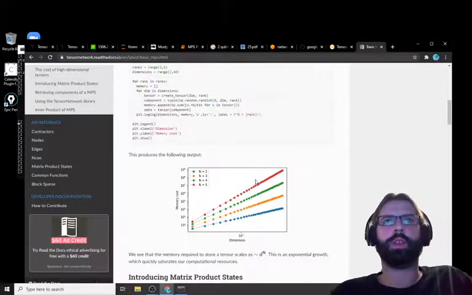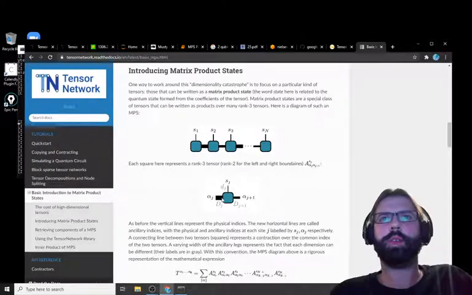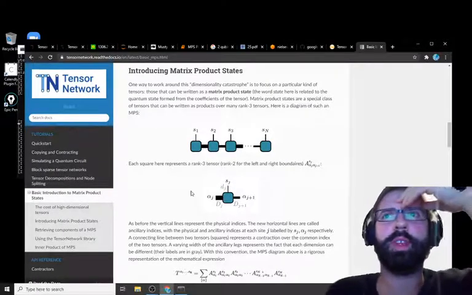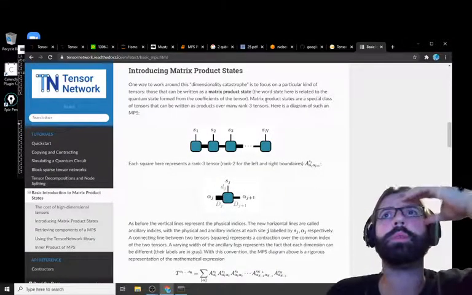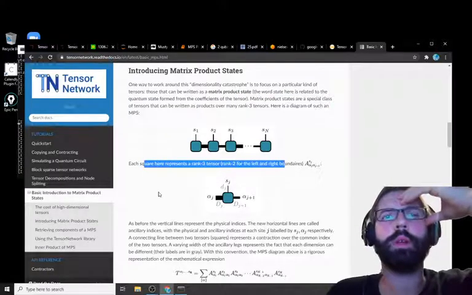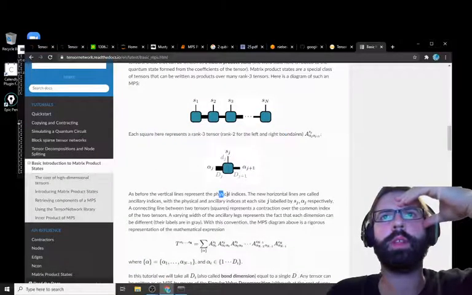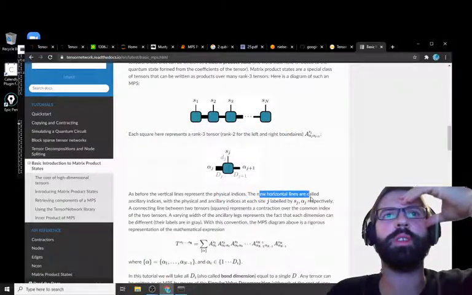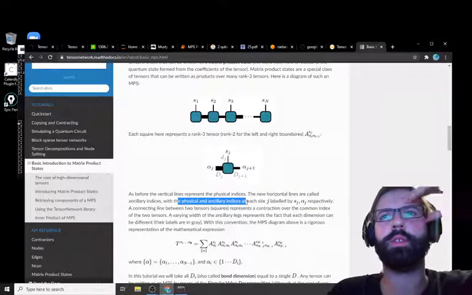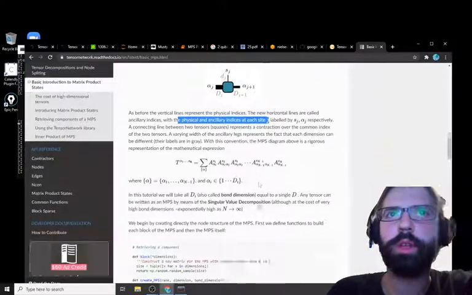Okay, that was the introduction. I want to be able to paint these. Okay, so that's the bond stuff in here. Physical indices. The new horizontal lines are called ancillary indices, with physical and ancillary indices of each side being labeled respectively.